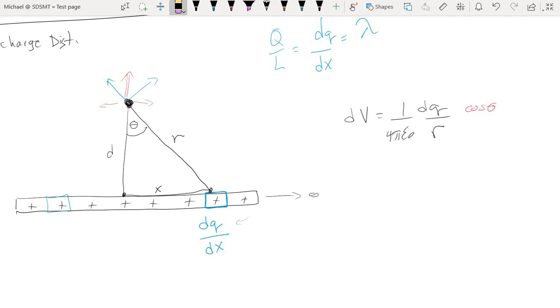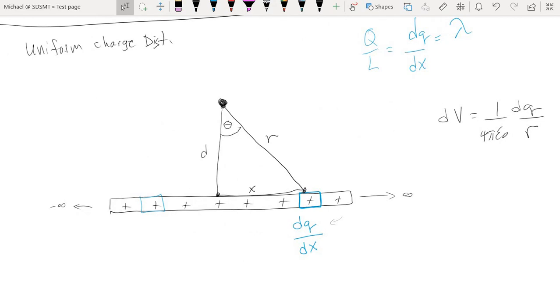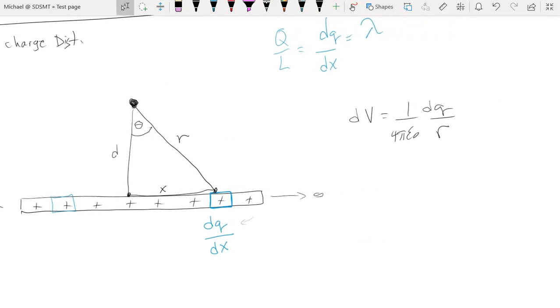But those were vectors, and that cosine was put in there to account for the surviving vector components. Electric potential is not a vector, and so we don't have to worry about any components canceling out. Potential is a scalar, and so our evil twins are not going to be fighting against each other. They're actually going to join forces and fully add their electric potential up at this point.